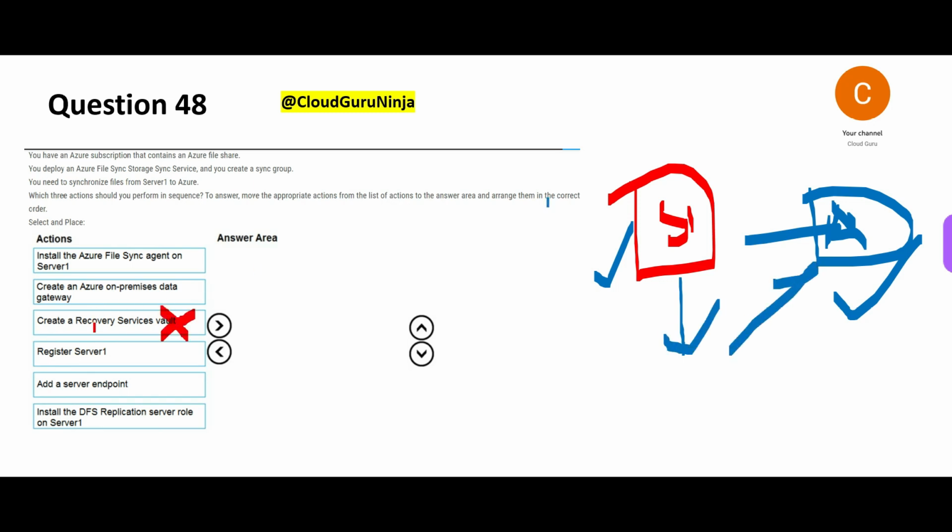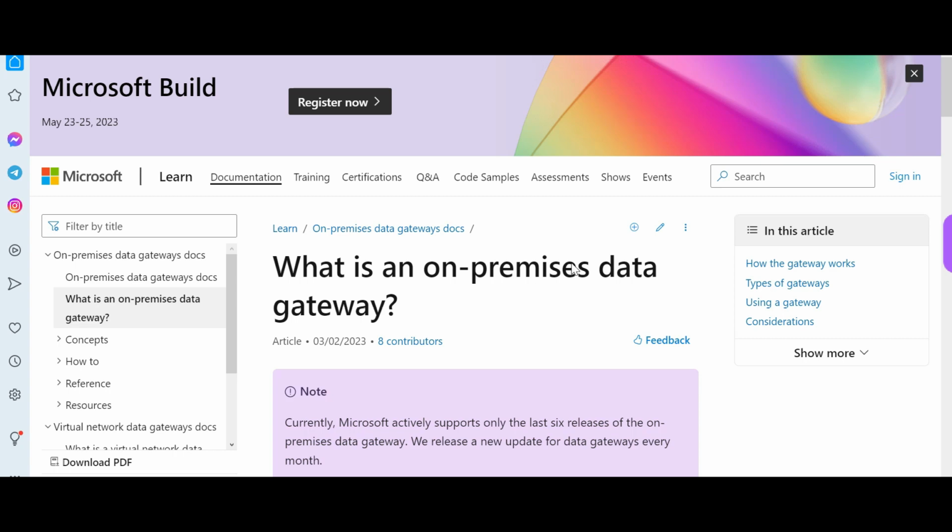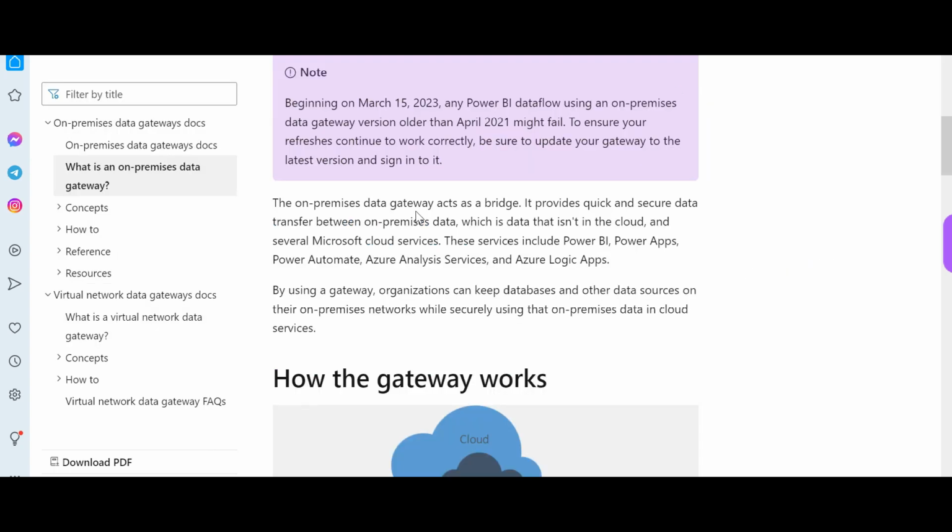Now this option marked in red is wrong because it is talking about recovery services vault. We have no use of recovery services. This is not a disaster solution that we have to create. Second, here it says create on premises data gateway. You do not need a data gateway. You need to understand what is data gateway. It acts as a bridge between on-premises and Azure cloud services to transfer your data.